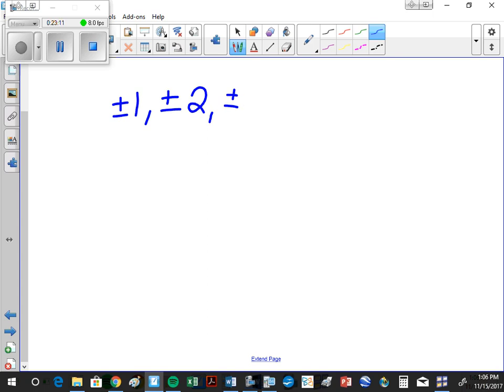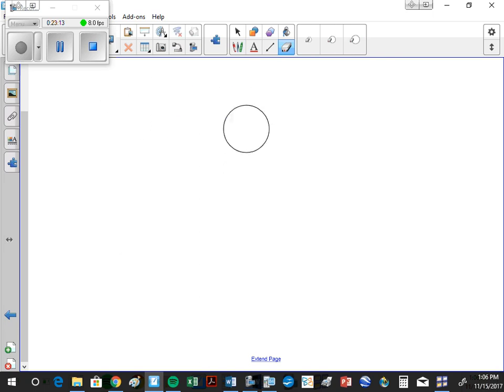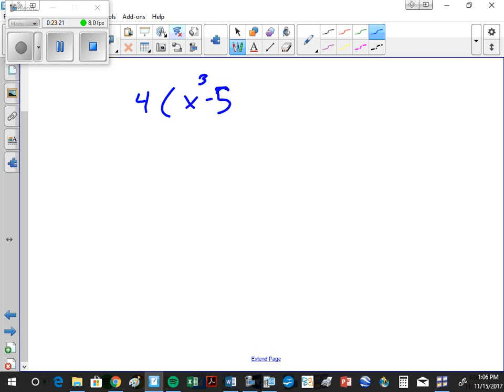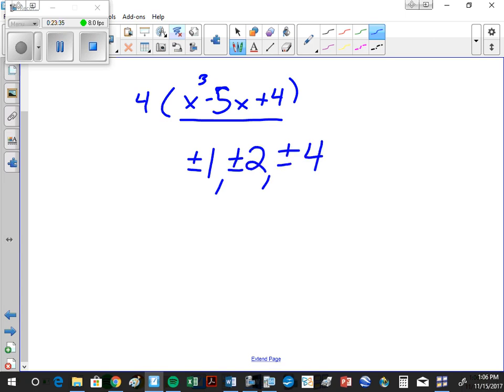Oh, good. We could factor out a 2. Okay, so 4 times x to the third minus 5x plus 4. So the possible roots are plus or minus 1, plus or minus 2, plus or minus 4.